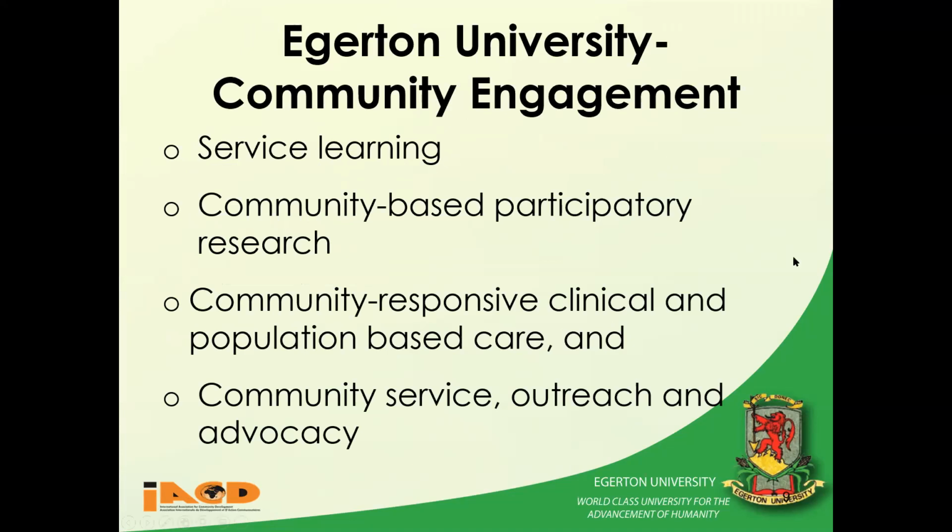We are involved in community-based participatory research. Of course, I said we are more of an agriculture university, although we have many other disciplines that are offered here, but we are known for agriculture. So our community-based participatory research focuses mainly on the agriculture subsector.